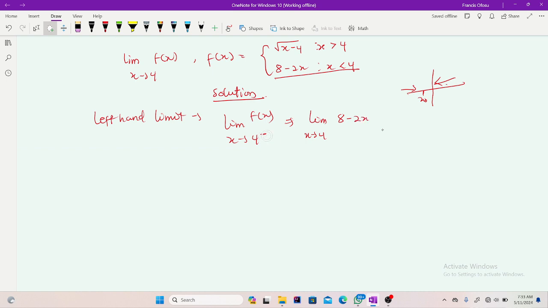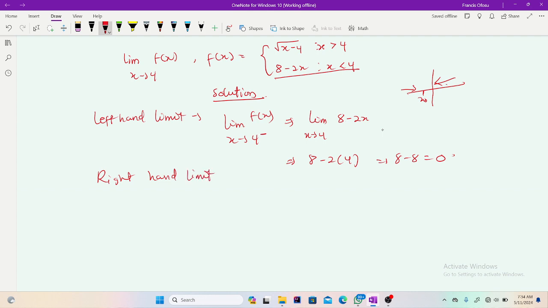At this point I've removed the negative because this part of the function shows that I'm already on the left side. So I'm finding the limit as x approaches 4 of this part of the function. That's all. This is simply a polynomial function. I'll put 4 inside. So I get 8 minus 2 multiplied by 4, and this is equal to 8 minus 8, which is 0.